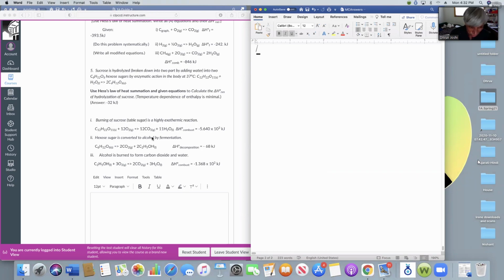Now, hexose sugar is converted to alcohol by fermentation. Hexa means six, so a hexose is a sugar with 6 carbons. OSE means sugar. All the sugars have the suffix OSE: glucose, fructose, galactose, maltose, dextrose. Sometimes the name also says how many carbons are in it.